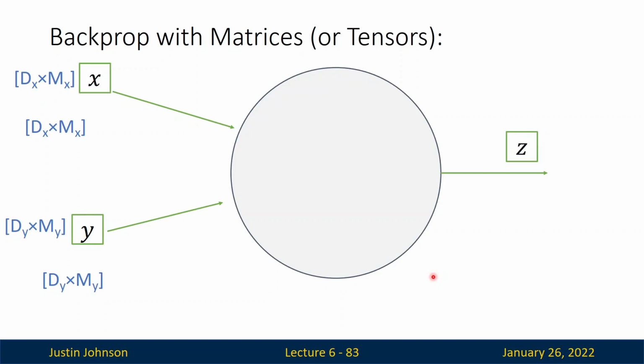Also, again, we see our input as a vector. Now, if our inputs are matrices or tensors, what's the difference between a matrix and a tensor? If we have 0 dimensions, it's a scalar value.